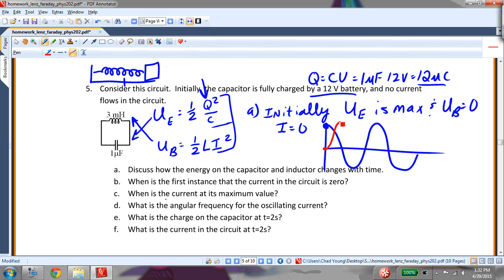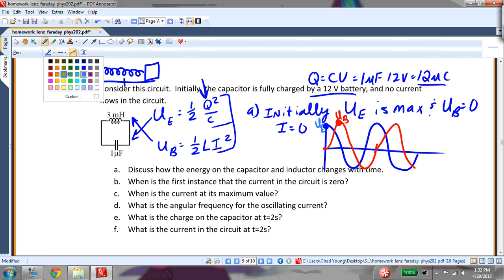It'll go like this. All right, so at any one time, I have a certain amount of energy, that is this maximum value. So at this point, it's all UB, and at these other points, the energy is UE. So I'm interchanging this energy between electric field energy and magnetic field energy.